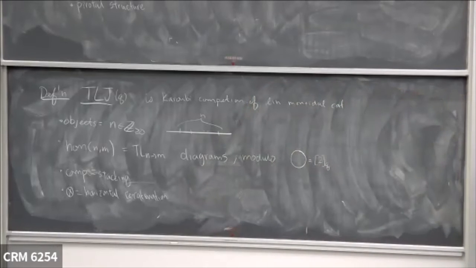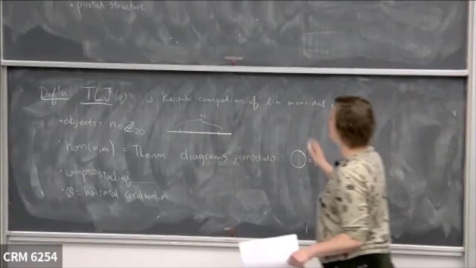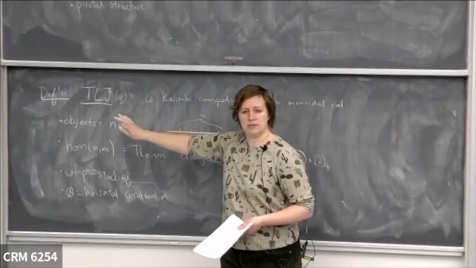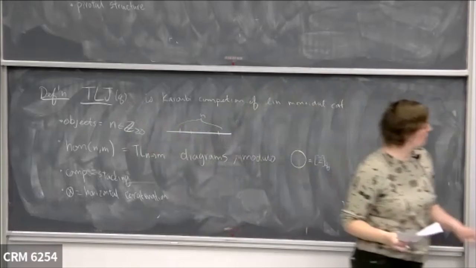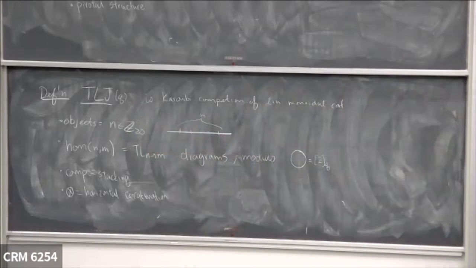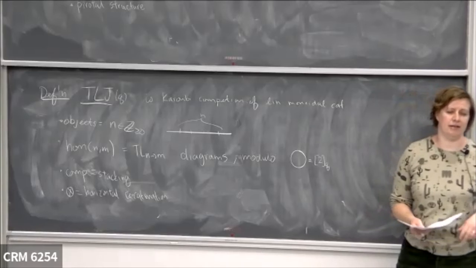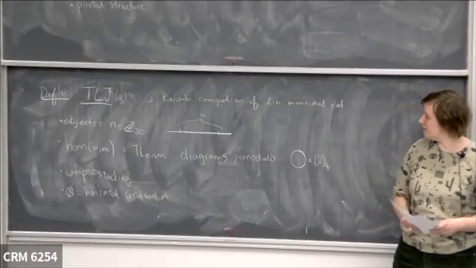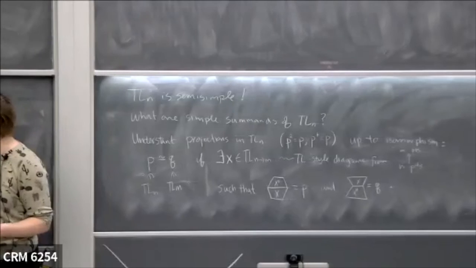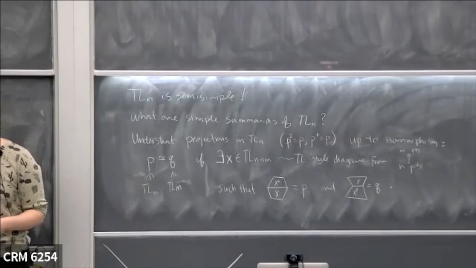We don't make things too much worse by throwing in the phrase Karoubi completion, because basically what we need is to have that it's idempotent closed. So we need to add objects corresponding to, in particular, the co-kernels of, have I erased these or are they still here? Oh, look, they're still here. For my projections in Temperley-Lieb, I need to add in their co-kernels. That's what we gain when we do the Karoubi completion: slightly more objects, same structure.